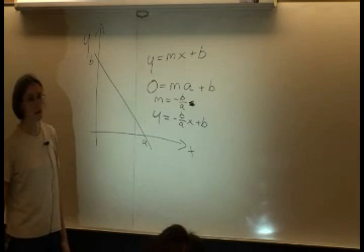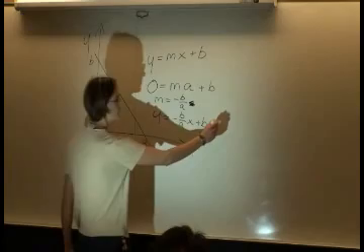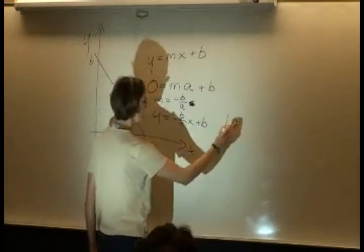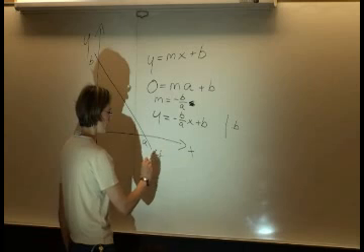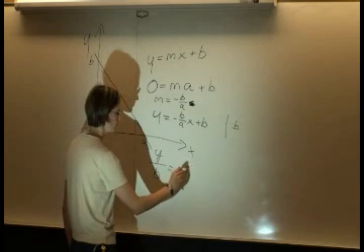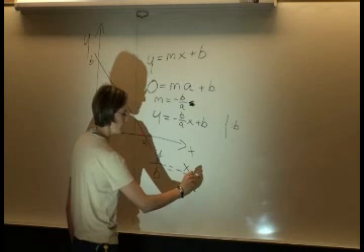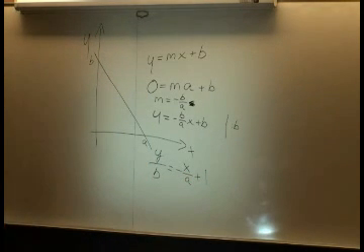What we can now do is divide everything by b, okay? What we then get is y divided by b is equal to minus x divided by a plus 1. I just divided all 3 expressions by b.